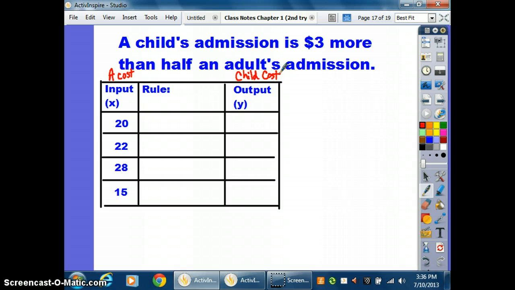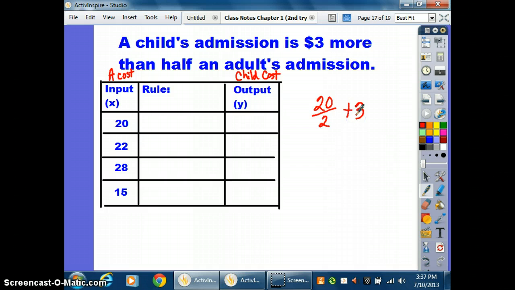So, okay, if we take half of the adult's admission, let's say an adult's admission was $20, and we divided it by 2. Take half of it. That'd be $10, right? But we have to add 3 more.